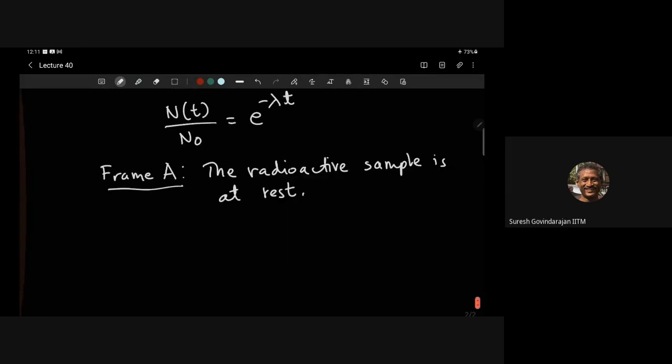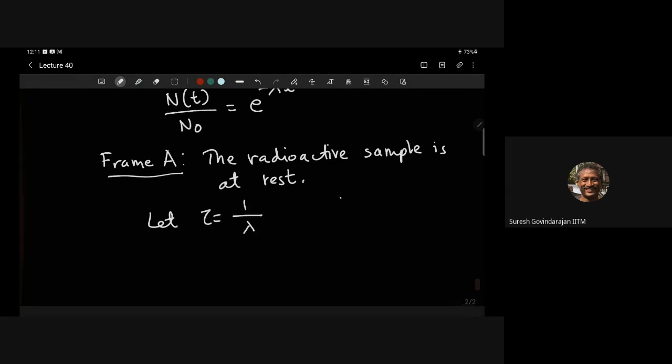Okay, so if you wait, for instance, let's do something. Let tau be 1 by lambda.